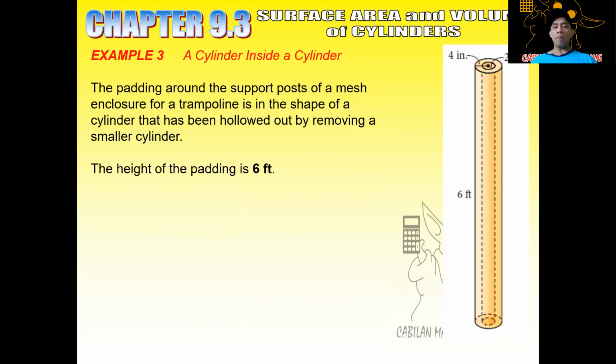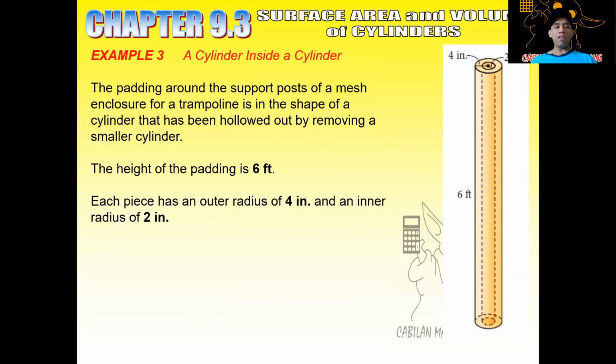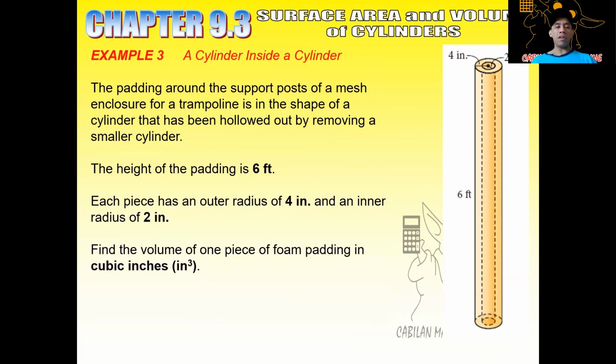Both of them have the same height of 6 feet. The outer part has a radius of 4 inches, and the smaller part has an inner radius of 2 inches. We want to calculate the volume of one piece of foam padding after it's been hollowed out.